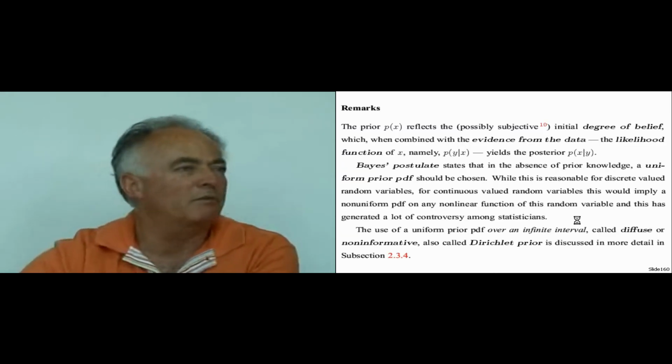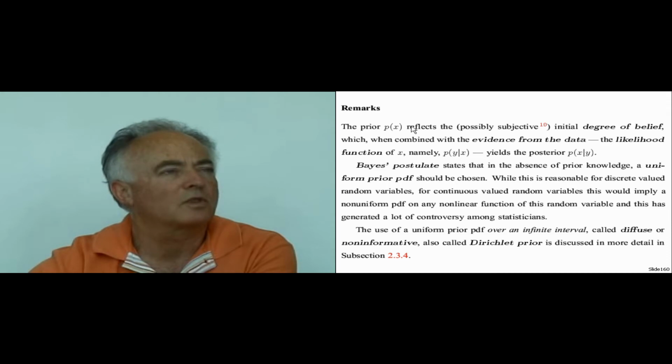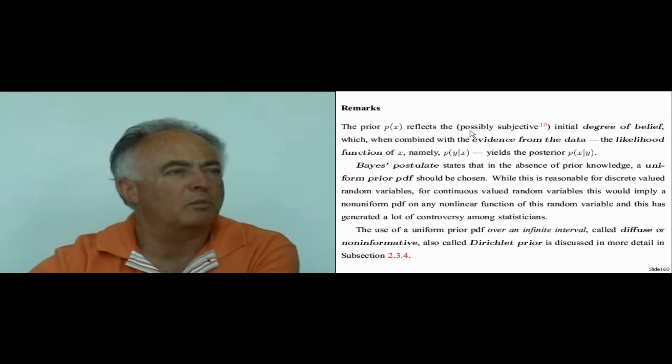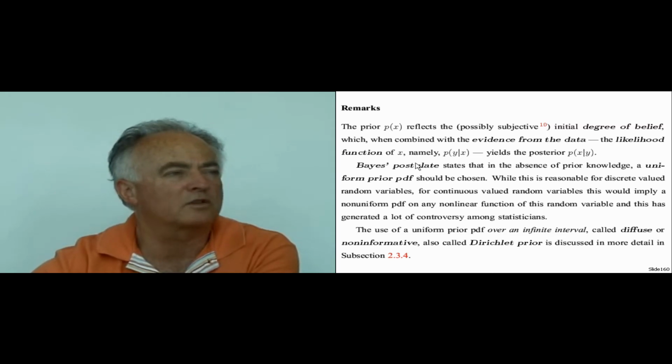A few remarks. Now, what is the prior? It turns out that, especially in engineering systems, a prior could reflect a possibly subjective initial degree of belief, which when combined with the evidence from data yields the posterior. As we'll see, this evidence is called the likelihood function of x, which is the PDF of y given x.